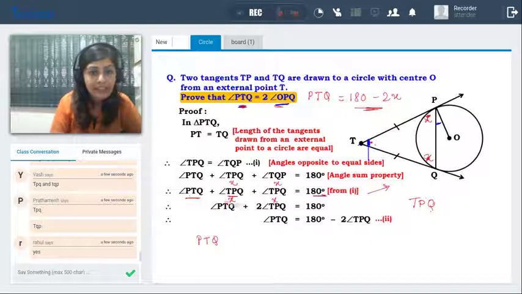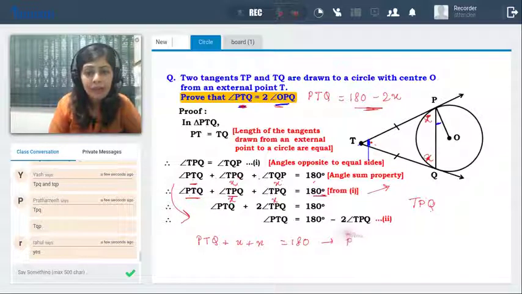I am solving from this step. PTQ plus TPQ plus TQP is 180. PTQ we leave as it is. TPQ is x, TQP is x. So now I write PTQ plus x plus x is equal to 180 degrees. What does that mean? PTQ plus 2x is equal to 180 degrees.